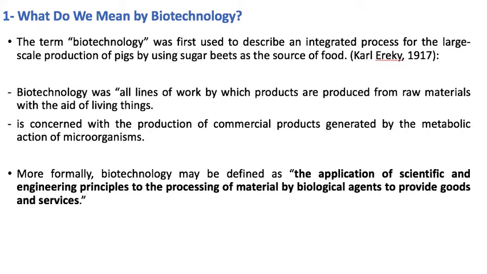The term biotechnology was first used in 1970 by Karl Erke to describe an integrated process for the large scale production of pigs by using sugar beets as the source of food. According to Erke, biotechnology was all lines of work by which products are produced from a raw material with the aid of living things. So this is the oldest definition of biotechnology.